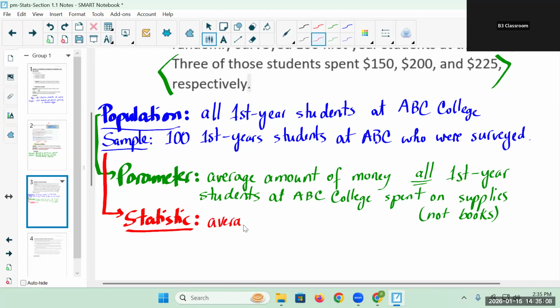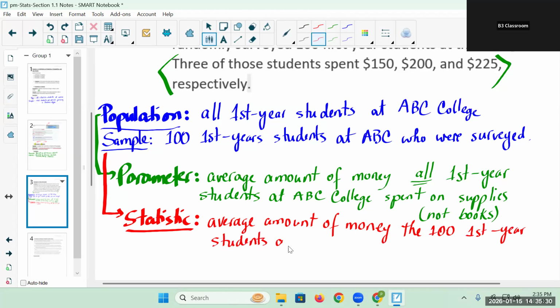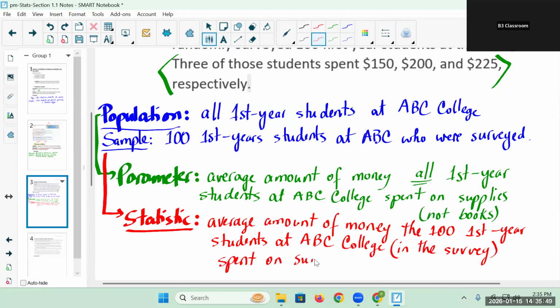It will say the average amount of money the 100 first-year students at ABC College (in the survey, I'm going to put that in parentheses) in the survey, spent on supplies, not books.